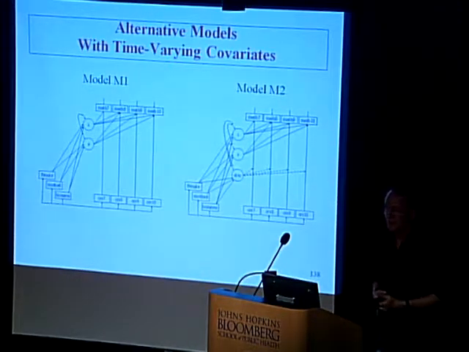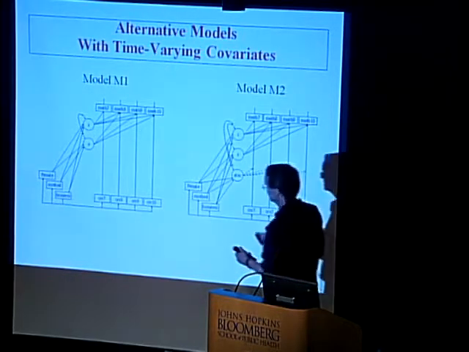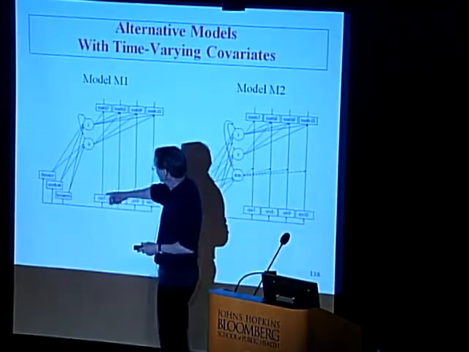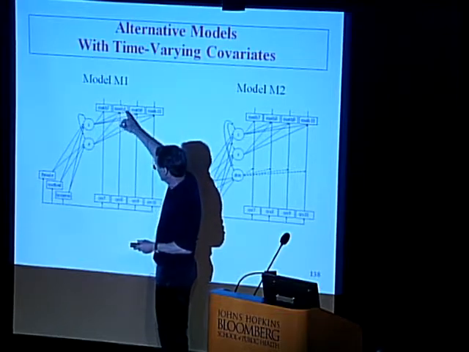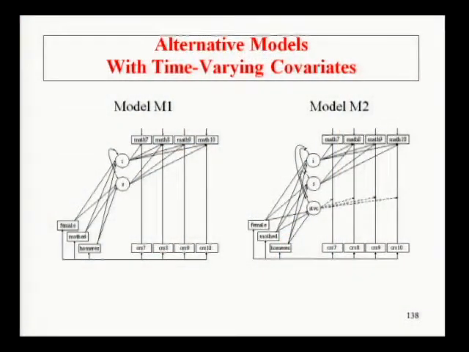But these are not the only model alternatives here. We talked about several others. For instance, course taking in grade 7 can influence not only Math 7, but Math 8. How much you took in grade 7 can benefit you throughout the grades, if you will. And that's quite easy to specify in this framework. Likewise, you could have a slope for a time-varying covariate, which is random, influencing several time points.